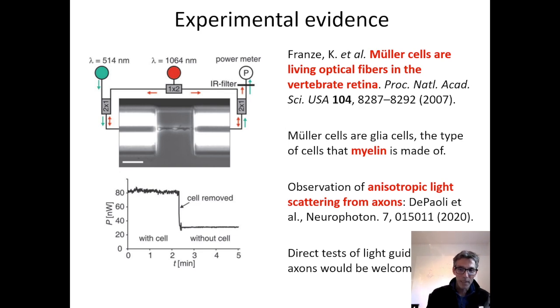There's also various more indirect evidence, like a recent paper from 2020, where they showed anisotropic light scattering from axons, and they made the point that this suggests that the axons serve as light guides. But more direct experiments would nevertheless be very welcome for this question.